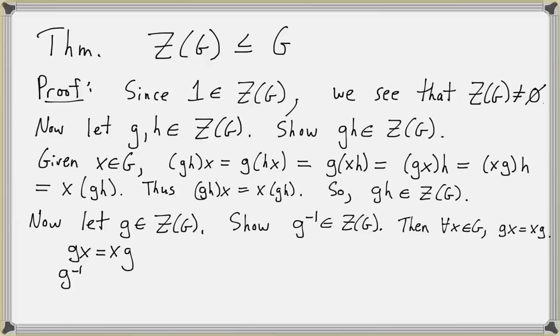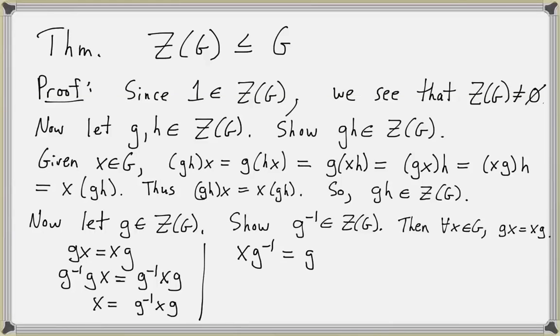We get g inverse times gx equals g inverse xg. And then simplifying, this becomes x equals g inverse xg. Now again, multiplying this equation by g inverse on the right, we get xg inverse equals g inverse xg g inverse. And again, simplifying, we see that xg inverse equals g inverse x.